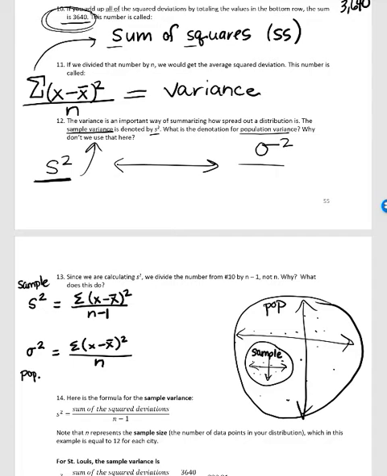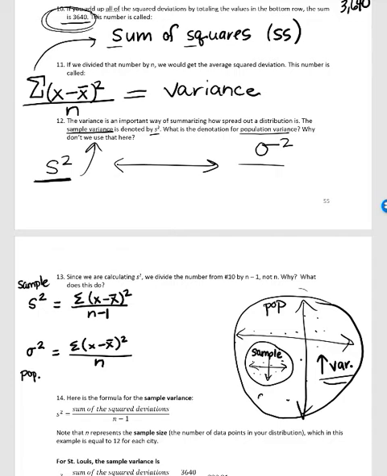Hopefully you recognize that when there's more people, we're probably going to see more variation. There's more chances that we're going to see more differences among people. So that means that we typically get higher variation in the population than in the sample.